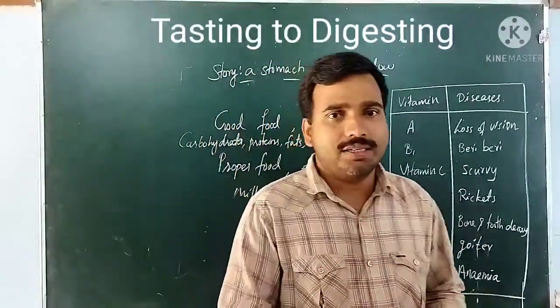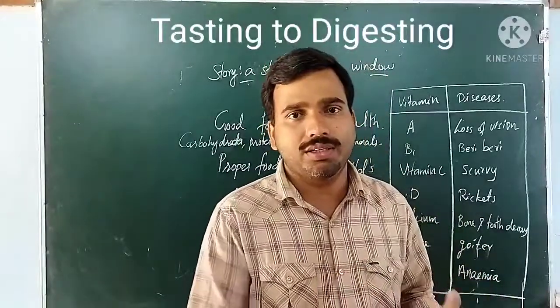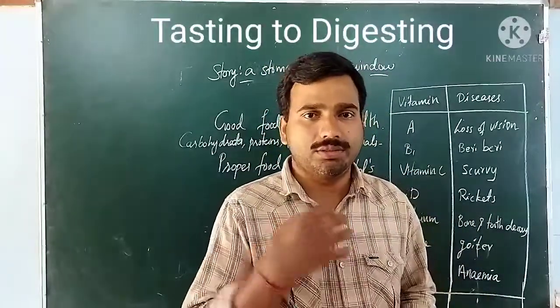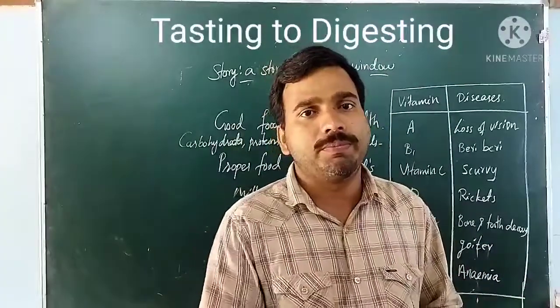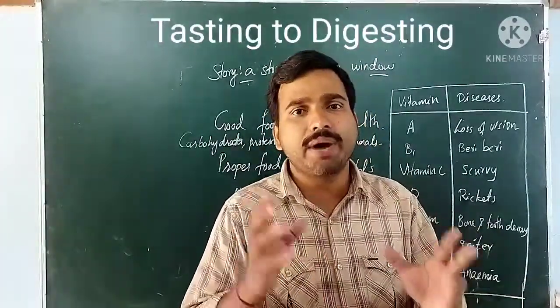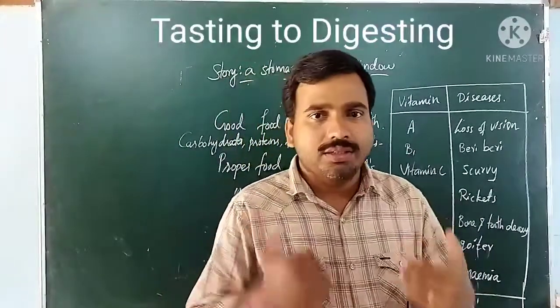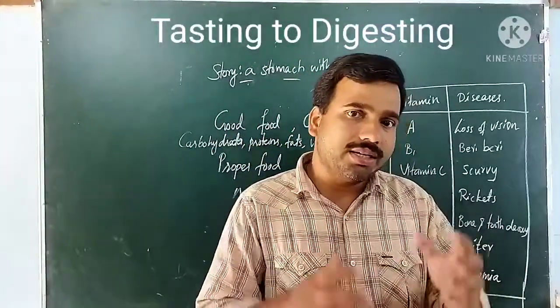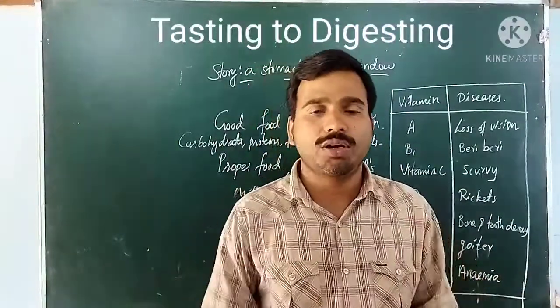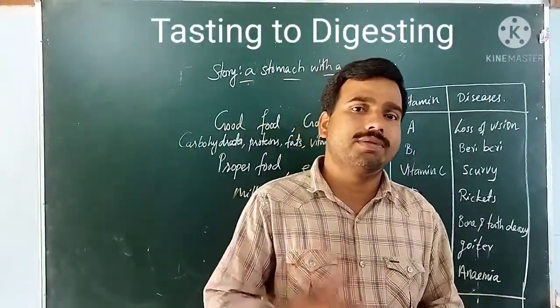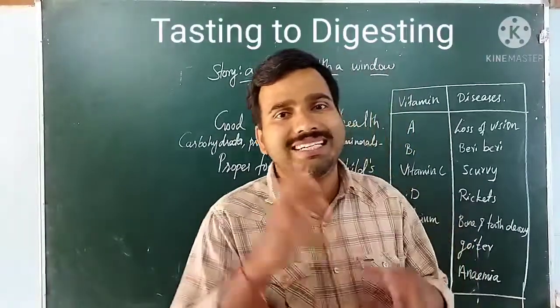After digestion in the stomach, the nicely churned food moves slowly, part by part, into the small intestine. In the small intestine, the enzymes coming from the liver and pancreas act on the food and help it get completely digested.